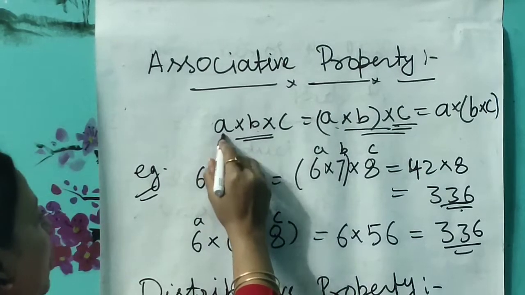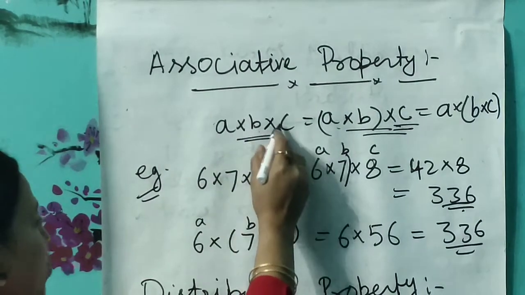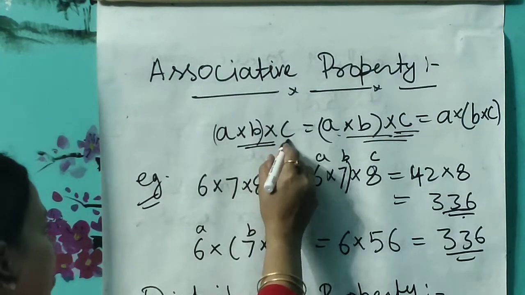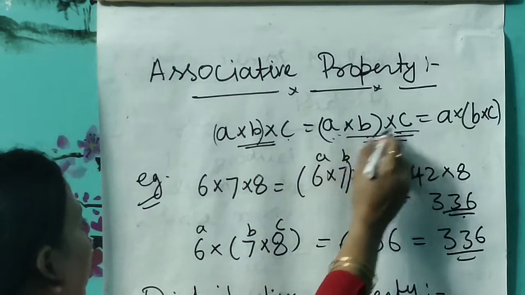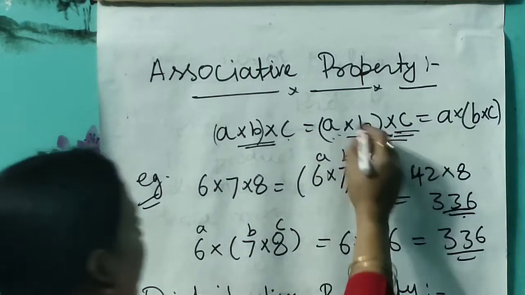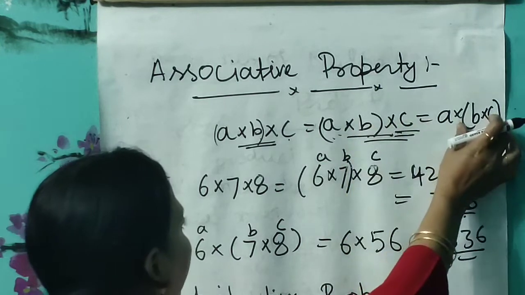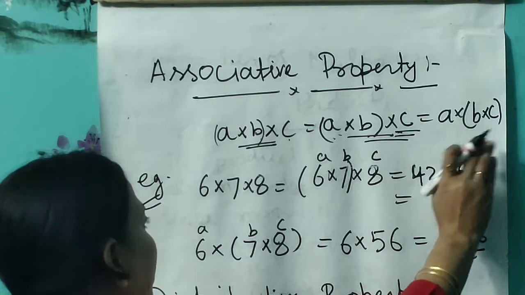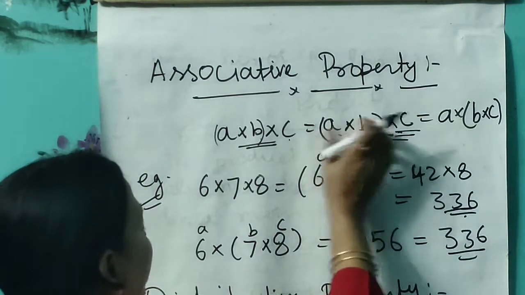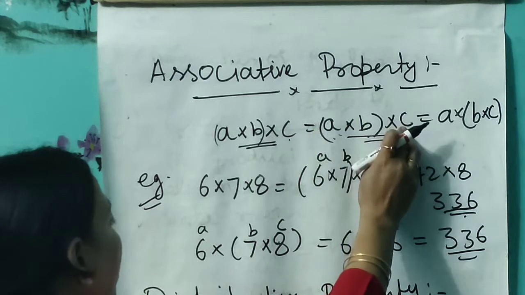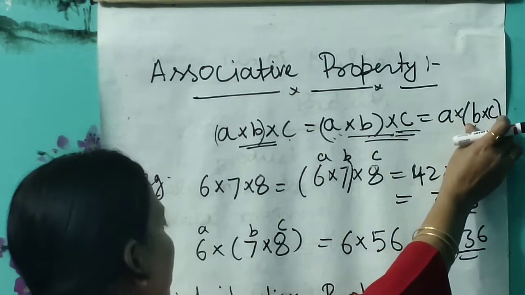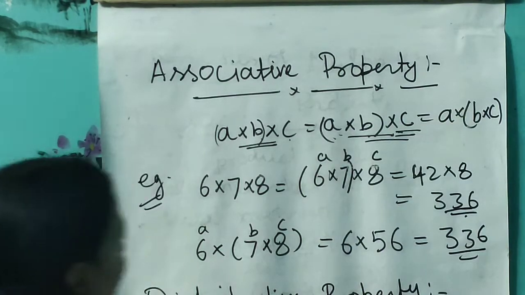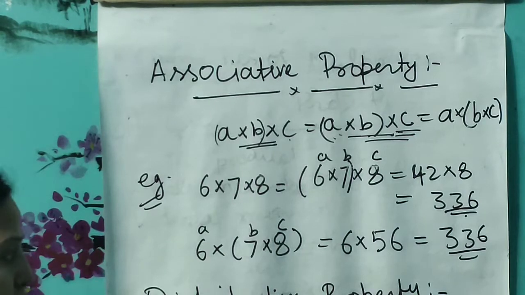If there are three whole numbers A, B and C, you can take the first two numbers first and then multiply with the third number, or you can take the last two numbers together, multiply them first, and then multiply with the first number. It means you are changing the grouping of the multiplication for convenience. You take A and B first and then multiply with C, or you take B and C first and then multiply with A. The result will be the same. So this is known as the associative property of multiplication.